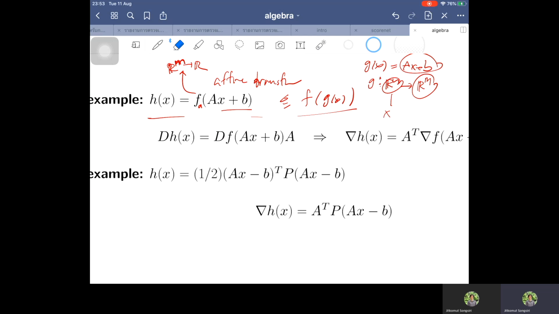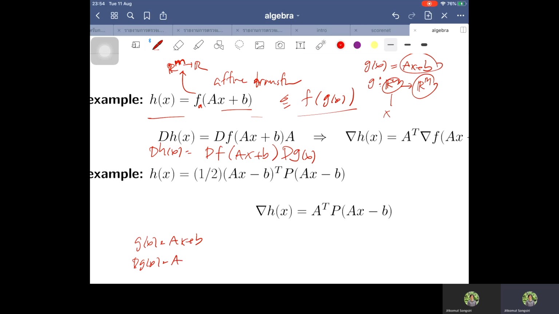If we apply the chain rule, of course the Jacobian of H is going to be the Jacobian of F evaluated at G, which is Ax plus B, multiplied by the Jacobian of G. But if your Gx is Ax plus B, what is the Jacobian matrix?